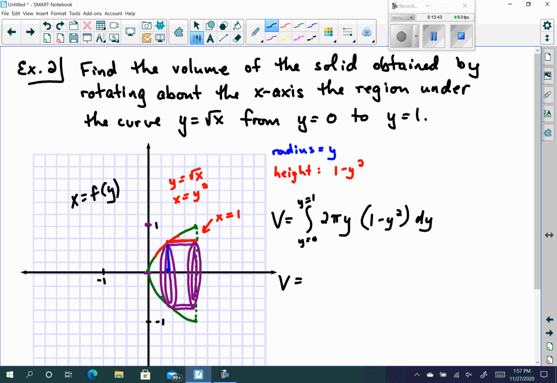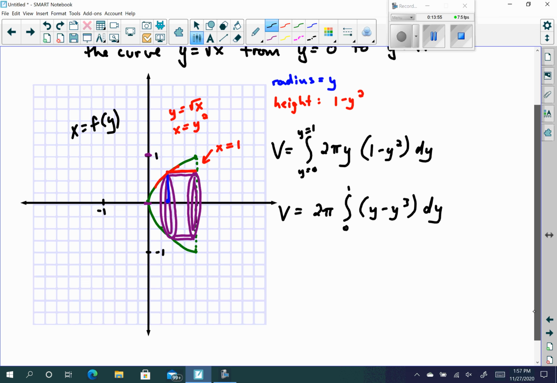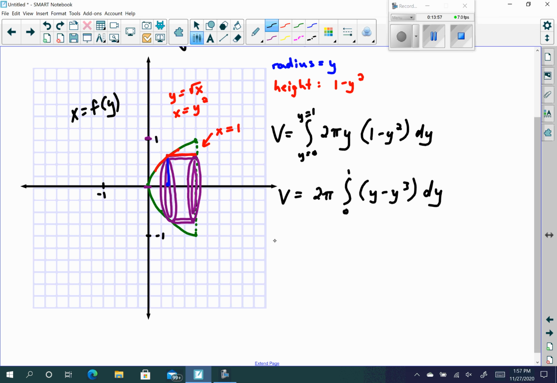So again, we can move the 2 pi out in front times the integral from y equals 0 to y equals 1, distribute the y. So we're going to get y minus y cubed dy, and then we can go from there. So evaluating this, we're going to get y squared over 2 minus y to the 4th over 4, again from y equals 0 to y equals 1.